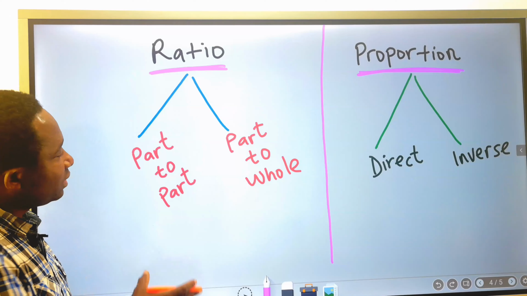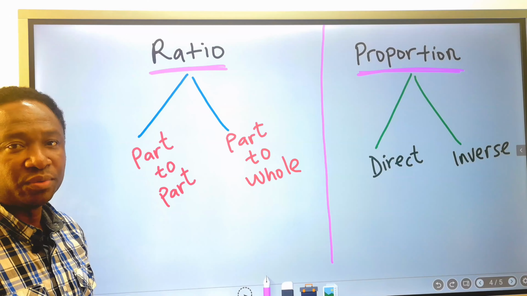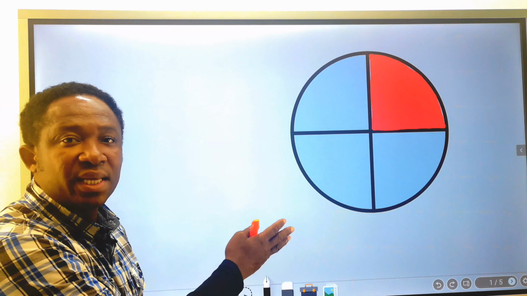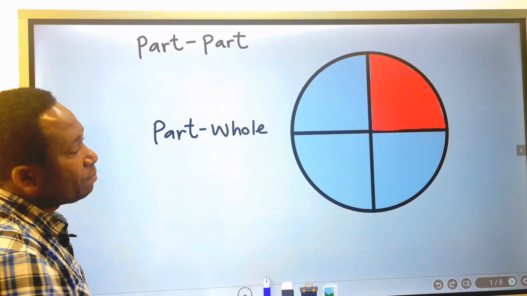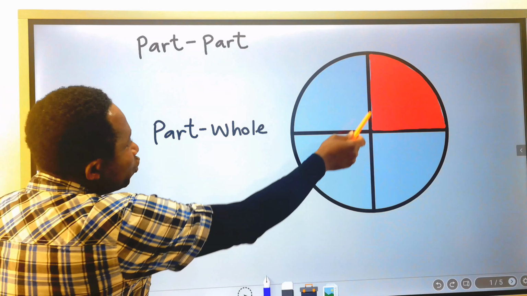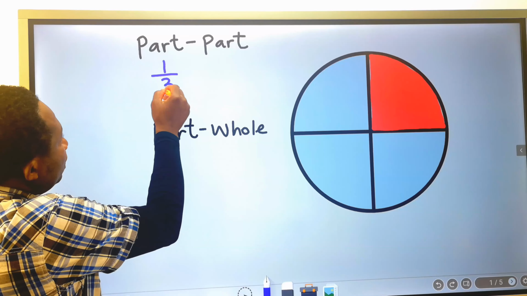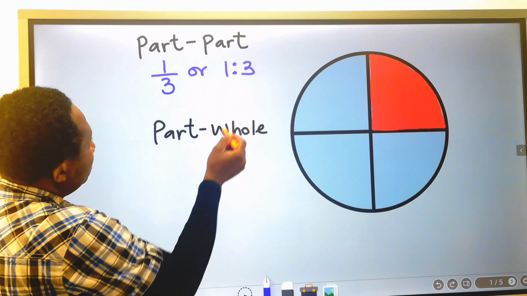To understand part-to-part and part-to-whole ratio, consider this circle split into 4 equal parts. For the part-to-part, this is 1:3.